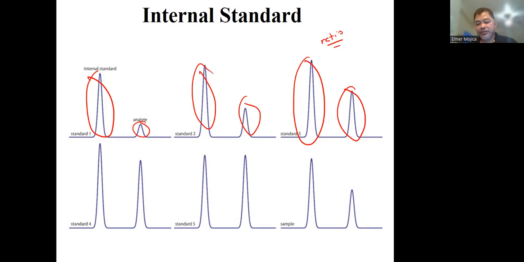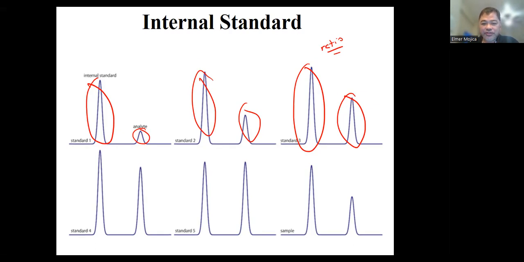You just take into consideration some steps that might affect your results. So paano pag wala yung internal standard? What will happen? You don't know if the sample that you have really contains whatever signal comes out there.